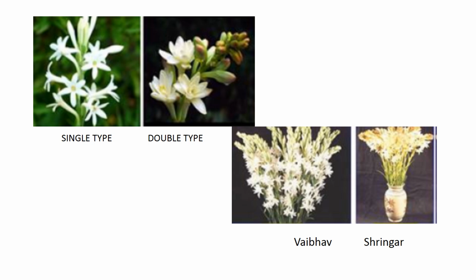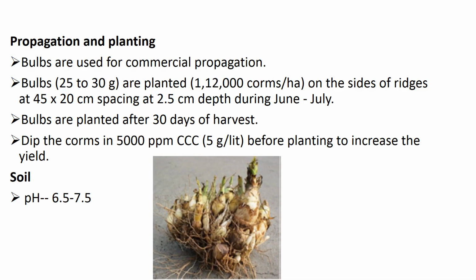At the bottom, you can see two important varieties we already discussed, Vaibhav and Shringar. Look at the bottom. The soil pH around 6.5 to 7.5 is ideal for tuberose. So it is neutral in case of tuberose, but in case of anthurium and chrysanthemum, the soil pH was slightly acidic. So now come to propagation and planting, which is the most important part of our lecture.